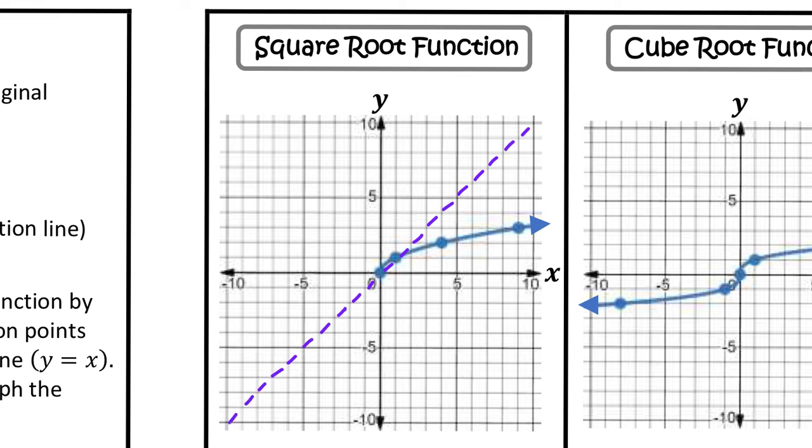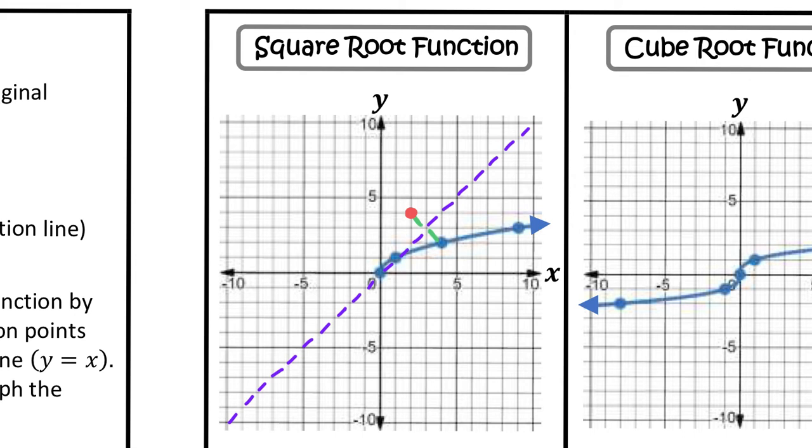Again, this diagonal line is my line of reflection. I'm going to use the reflection method and a different color here. How far is this point from the diagonal? It's one step away from the diagonal. So if I go one step in the opposite direction, over here, I plot my first inverse point.